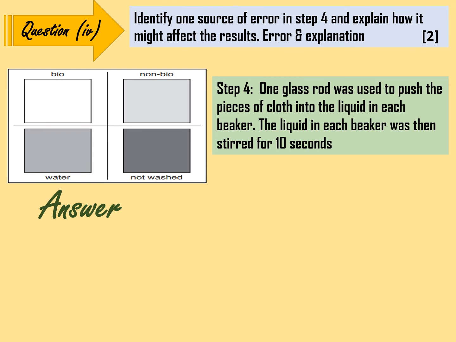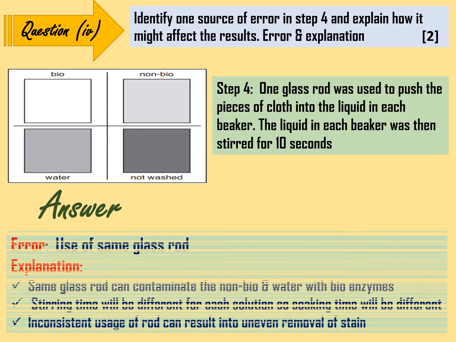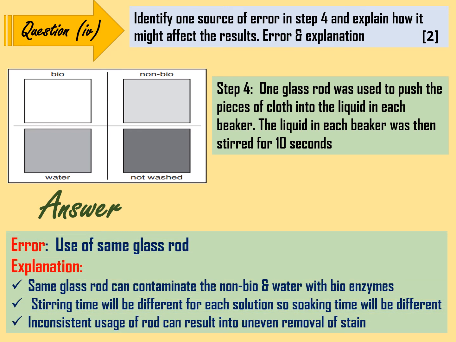Now this one glass rod can be a source of error, since the same glass rod was used. For the explanation you can give: the same glass rod can contaminate non-bio and water with bio enzymes. Because contamination is possible, the enzymes from the bio detergent can be transferred into the water and non-bio, and that may affect your results.